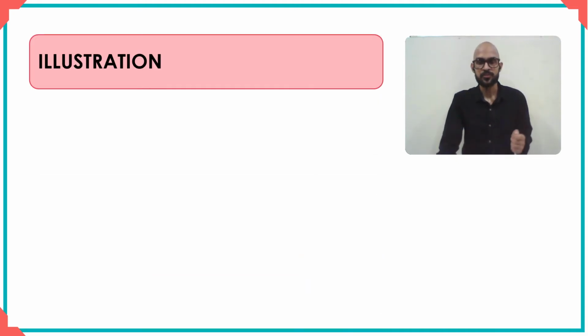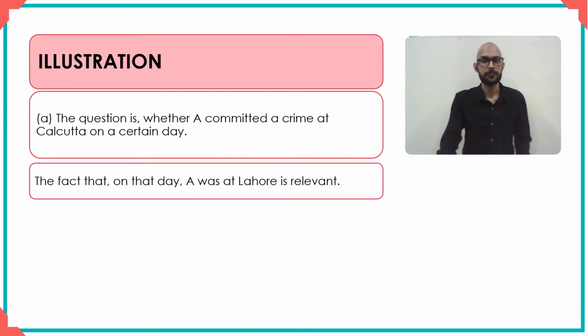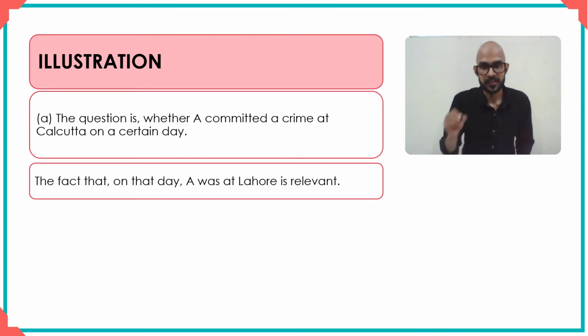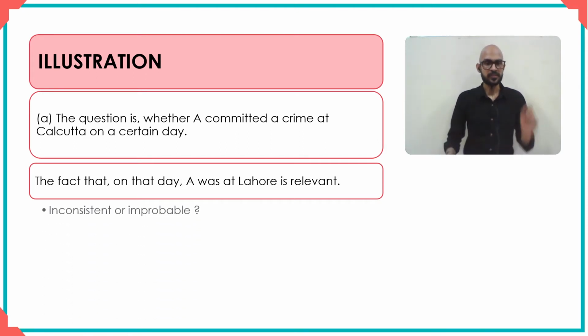Let us look at one more example, and this time we see the illustration to Section 11 itself. This is the first illustration. The question is whether A committed a crime at Calcutta on a certain day, which tells you the fact in issue. Now, the fact that A on that day was in Lahore is relevant. Now, is this because of inconsistency or because of improbability?